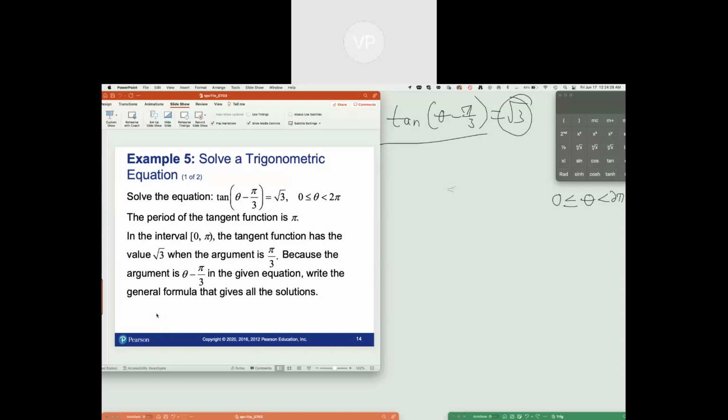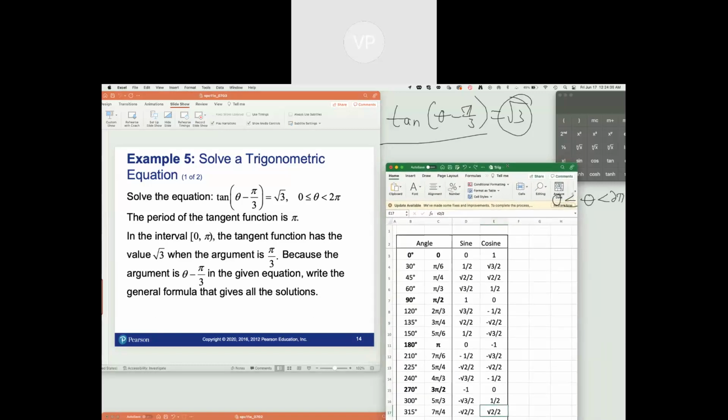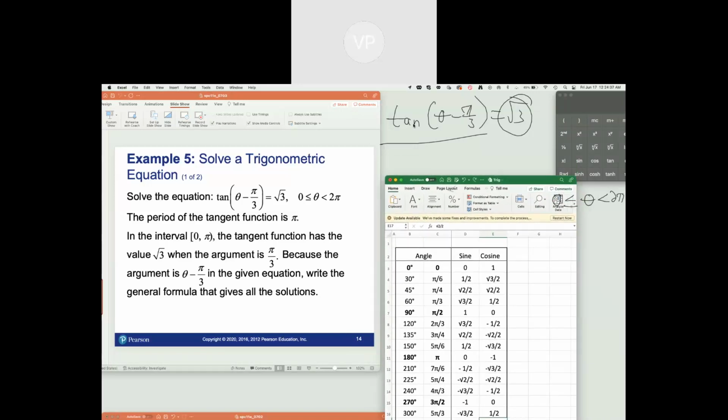Okay, so now all I'm going to do is I've got the tangent by itself. Let's focus on the root 3. So if you recall from a number of examples we did the other day, tangent is sine over cosine. How do you get a root 3? It's when you have the sine being a root 3 over 2 and the cosine is at 1/2 and the 2's cancel and you're left with a root 3. Okay, so I'm looking for the places that'll be true.